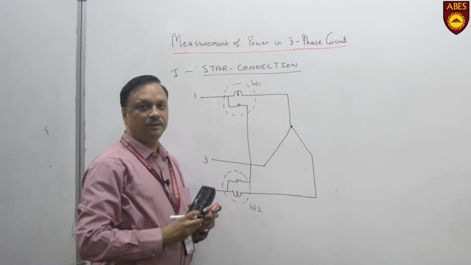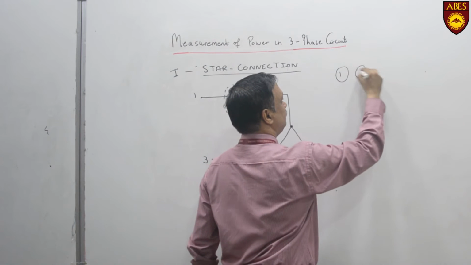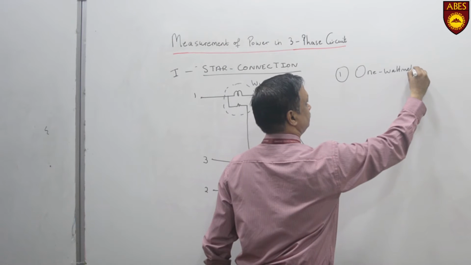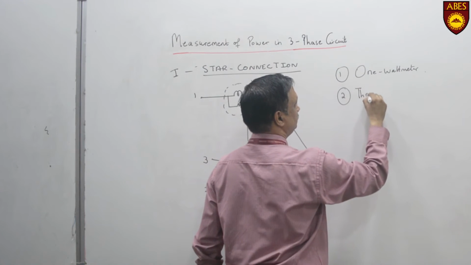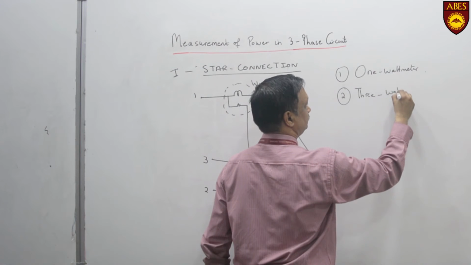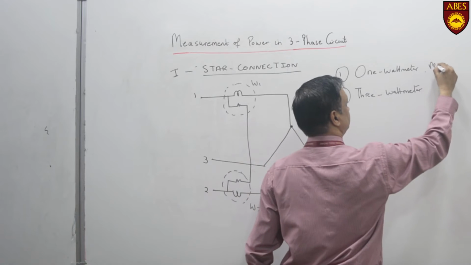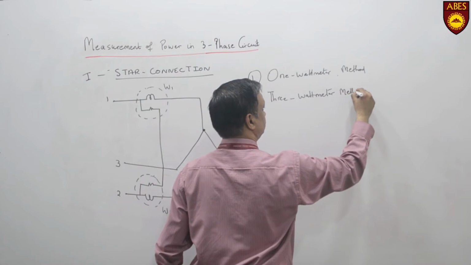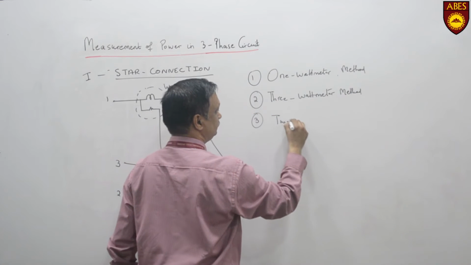Measurement of power in three-phase circuit is done by three methods. First is the 1 wattmeter method, second is the 3 wattmeter method, and the third is the 2 wattmeter method.